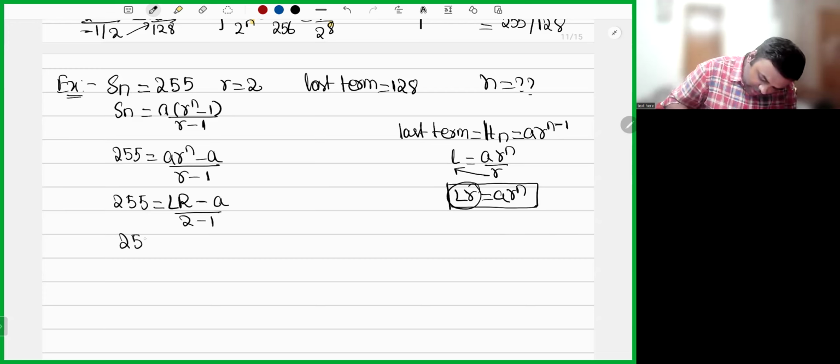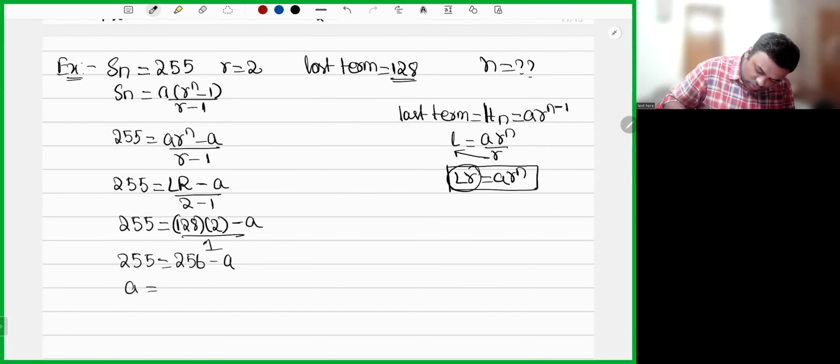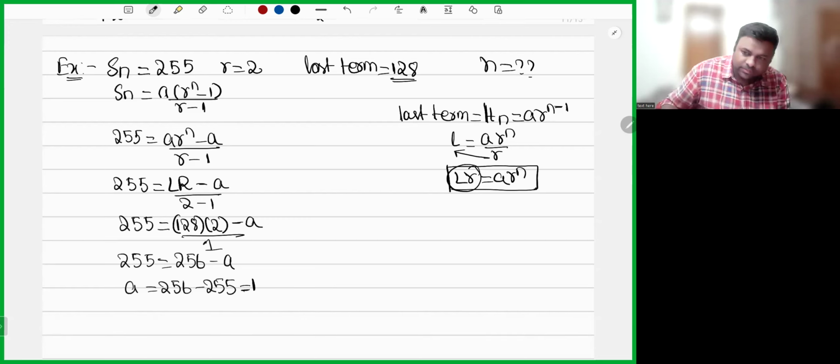So 255 is equal to, last term is 128, common ratio is 2, minus a by 1. So 255 is equal to 256 minus a. Let's take a to the left side. A is equal to 256 minus 255, which is equal to 1.